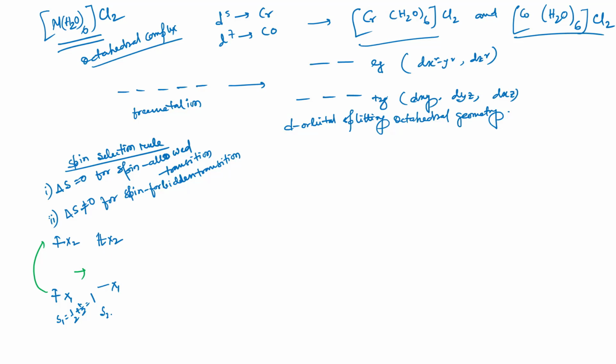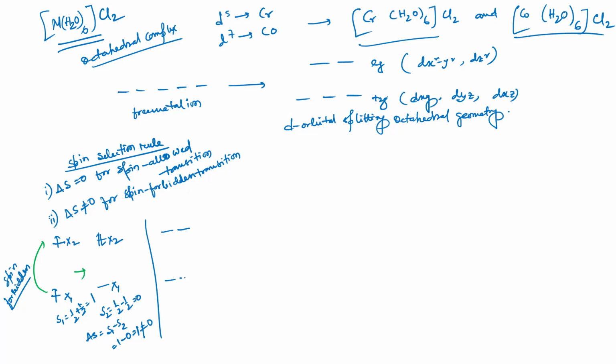Now the spin of this configuration is half minus half, that is 0. So delta S equals S1 minus S2, that is 1 minus 0 equals 1, which is not equal to 0. So this transition is spin forbidden.